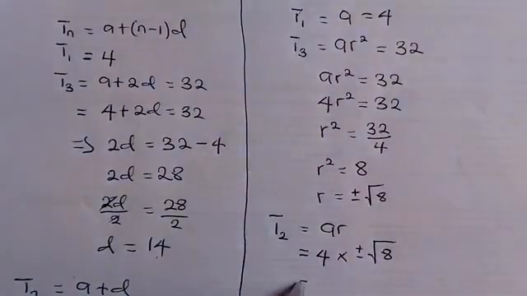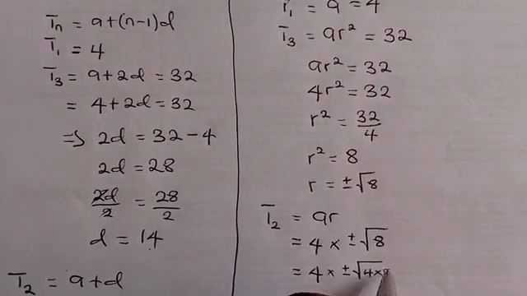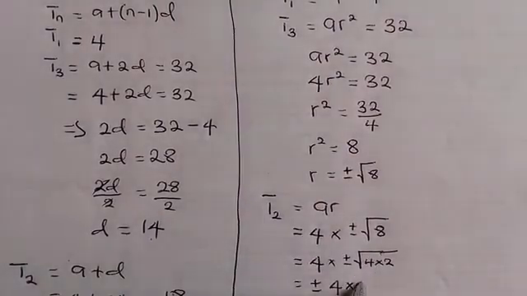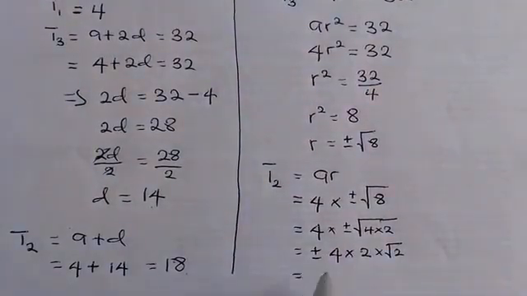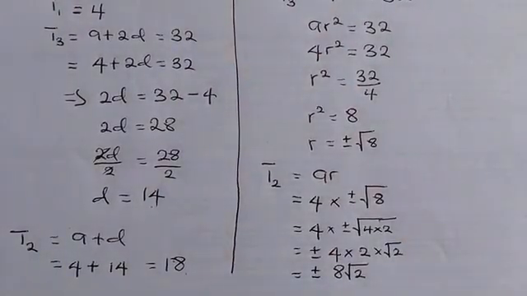Simplifying root 8, we are going to have 4 multiplied by plus or minus square root of 4 times 2. And that will give us plus or minus 4 times the square root of 4, which is 2, multiplied by root of 2. And finally, we have plus or minus 4 times 2, which is 8, multiplied by root 2, so plus or minus 8 root of 2.